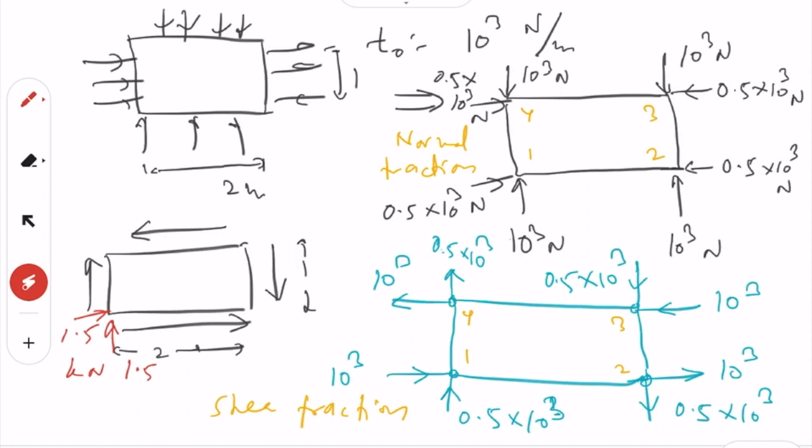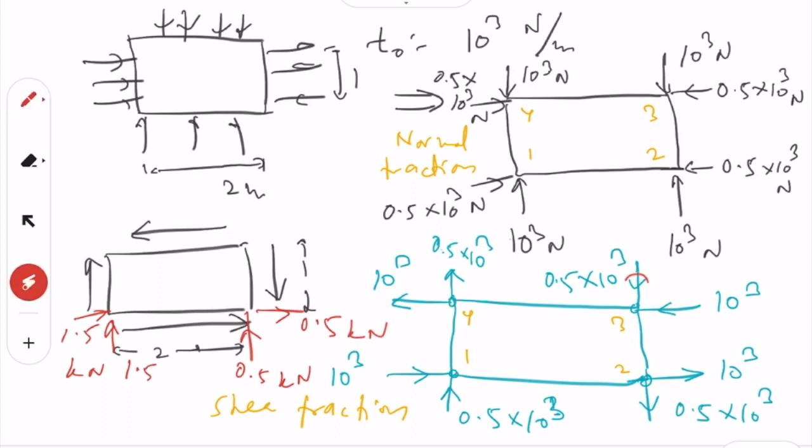So the algebraic sum is 0.5, which is upward. So 0.5 kilonewton, which is upward. This way, if you see here, this way we have 1, this way we have 0.5. So the effective this way is 0.5 kilonewton.